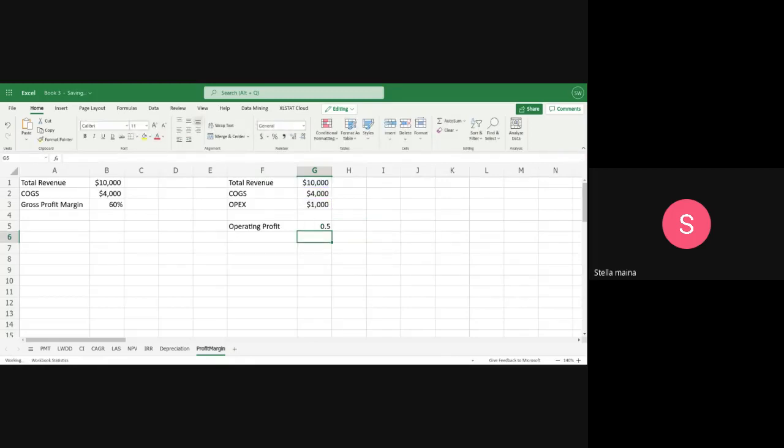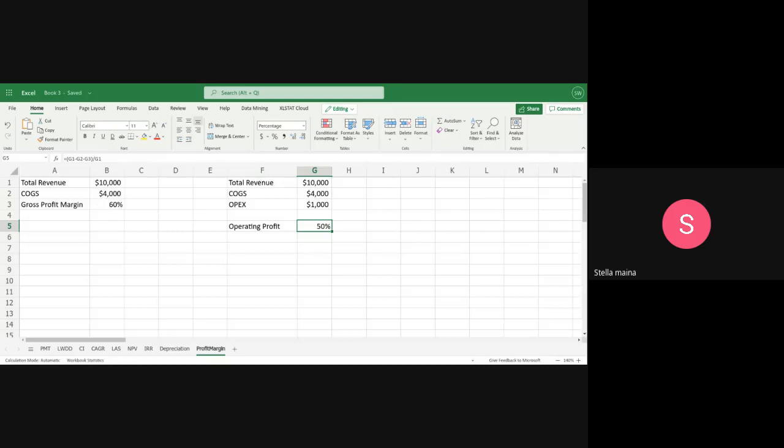You can see that is 0.5. I can just make it into a percentage. That is 50%. So we can now move on to the net profit margin.